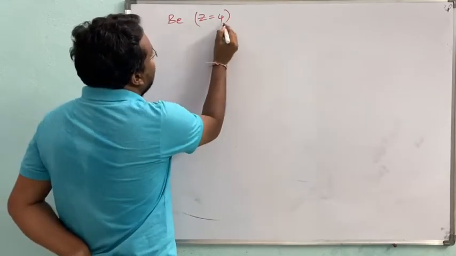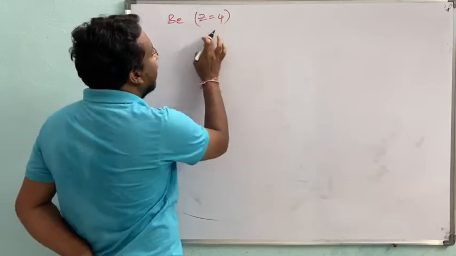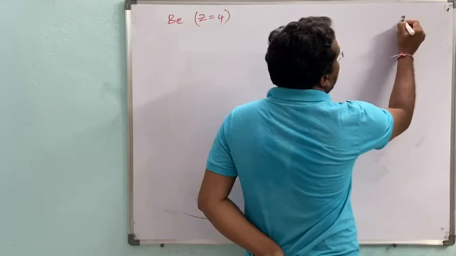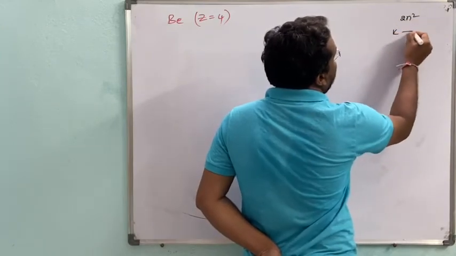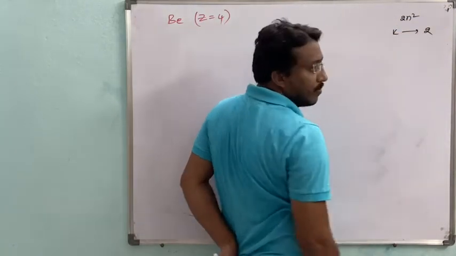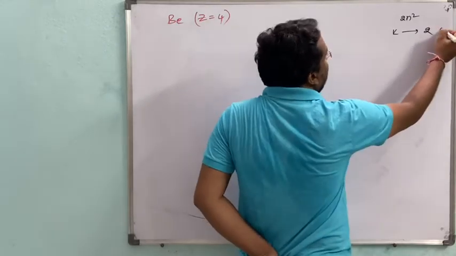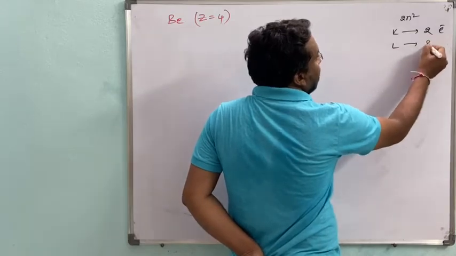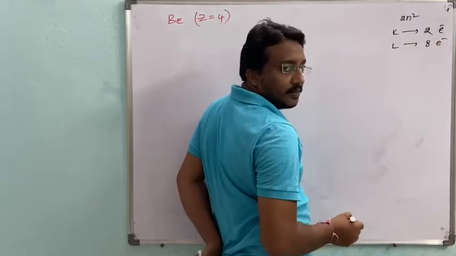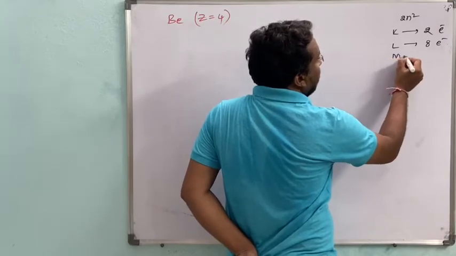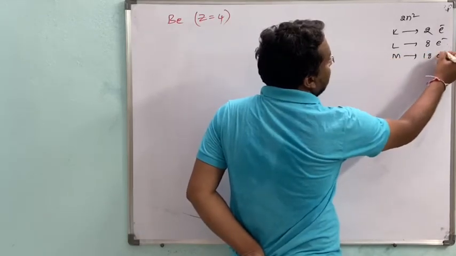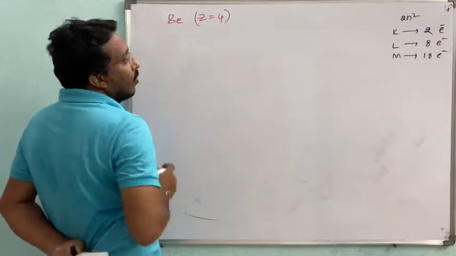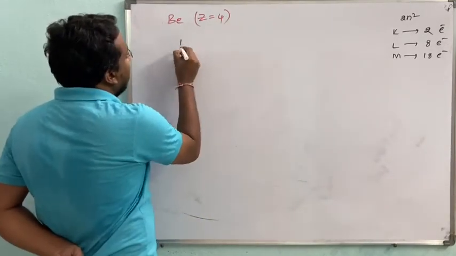Total electrons are 4. According to 2n square, the K shell holds a maximum of 2 electrons, the L shell a maximum of 8 electrons, and the M shell a maximum of 18 electrons.